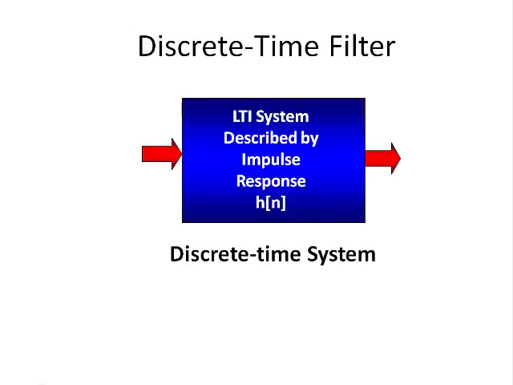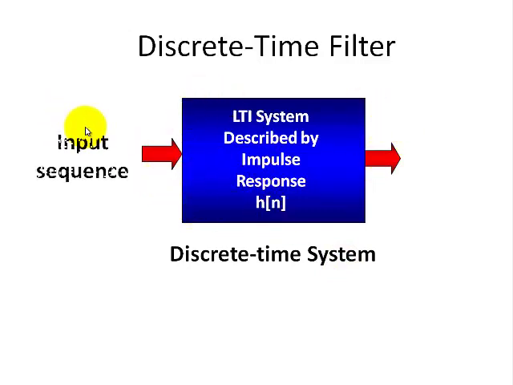Okay, let me give you a visual of a discrete time filter and see what it does. Here we have a discrete time system or filter. LTI stands for linear time invariance. I'll talk about this in future videos. And we see that the discrete time impulse of input completely describes this filter.